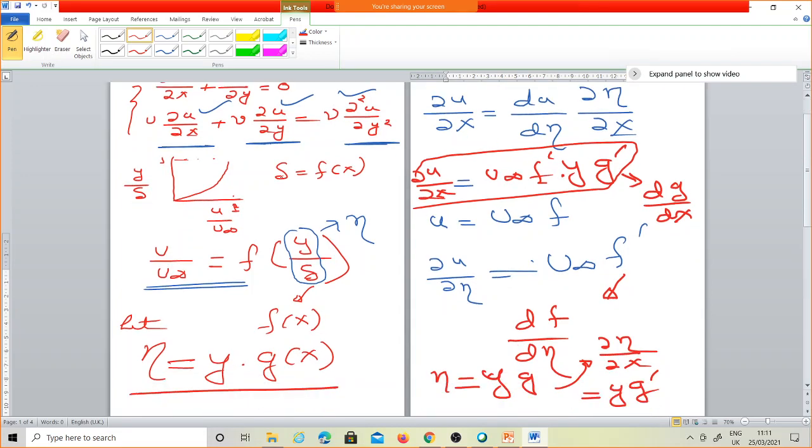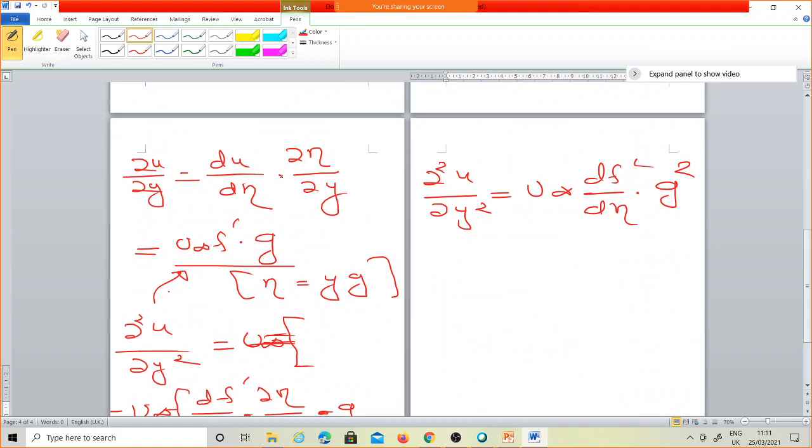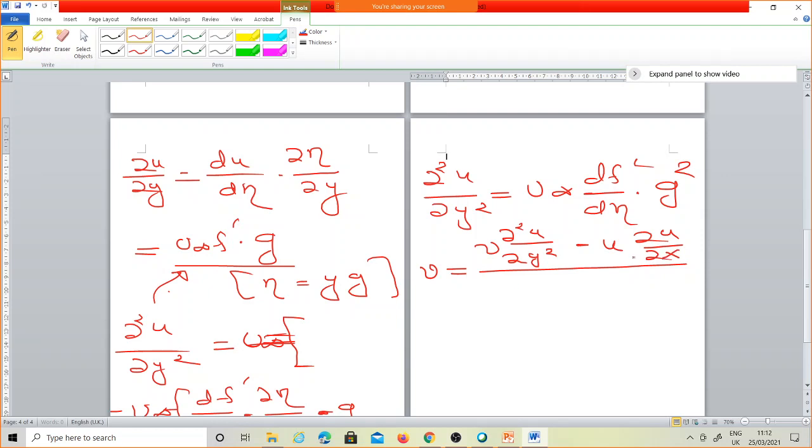From the Navier-Stokes equation, I just reshuffle it, and I want to write v in this form. v should be mu del square u by del y square minus u del u by del x, and then divided by del u by del y. This one we got from the Navier-Stokes equation.